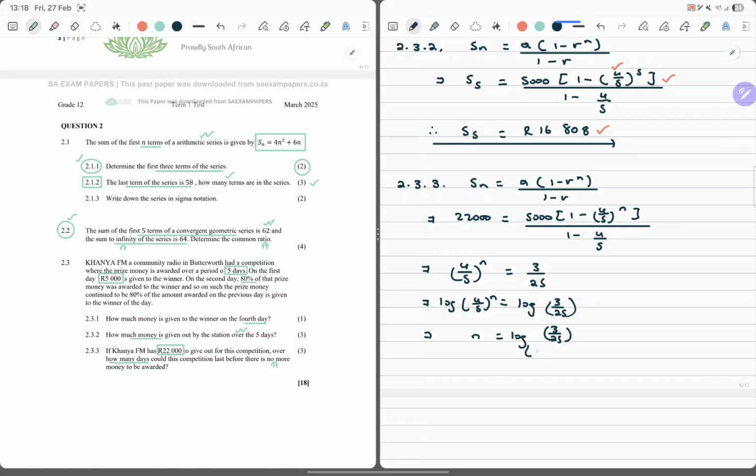Using the concept of change of base, the base is going to be 4 over 5. So our n is log of 3 over 25 to the base 4 over 5.